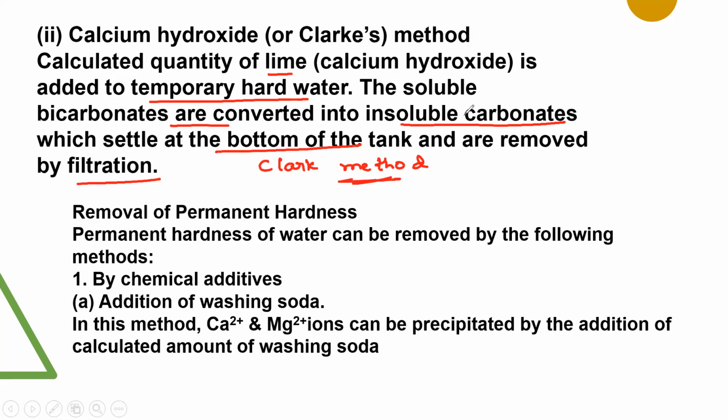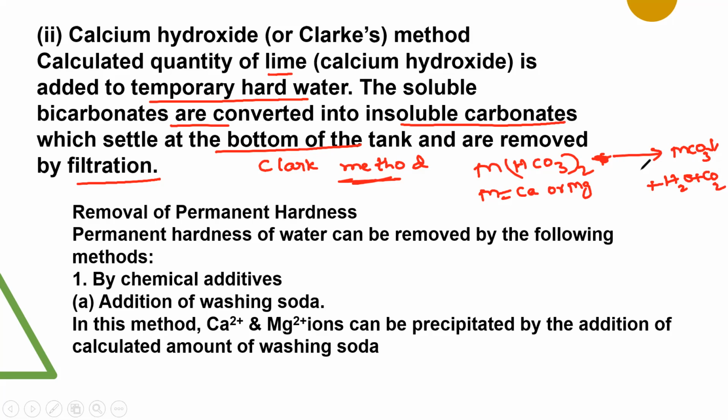So, for example, here I write the equation in Clark's method. M(HCO3)2, where M is equal to calcium or magnesium, is treated with calcium hydroxide. When a small amount of lime is added, they form insoluble precipitate of carbonates, that is MCO3, magnesium carbonate or calcium carbonate, along with water.